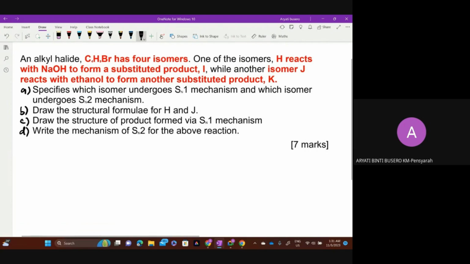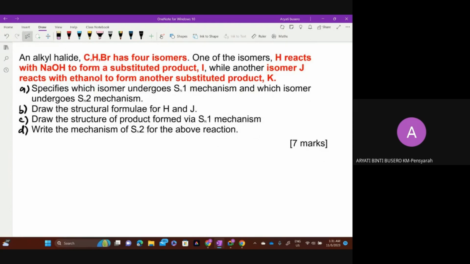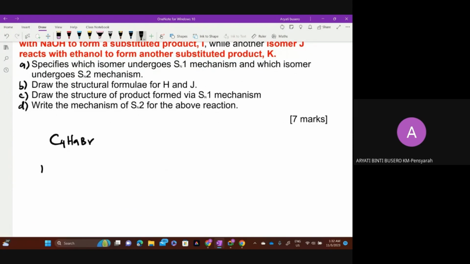So untuk selesaikan soalan ni, kita kena draw all the possible isomer for the molecular formula C4H9Br. So the first structure will be C4, 1, 2, 3, 4. So kita letak Br at carbon number 1. So ni kita lengkapkan hidrogen. So sini ialah CH3, CH2, CH2, CH2, so 1, 2, 3, 4, 5, 6, 7, 8, 9.